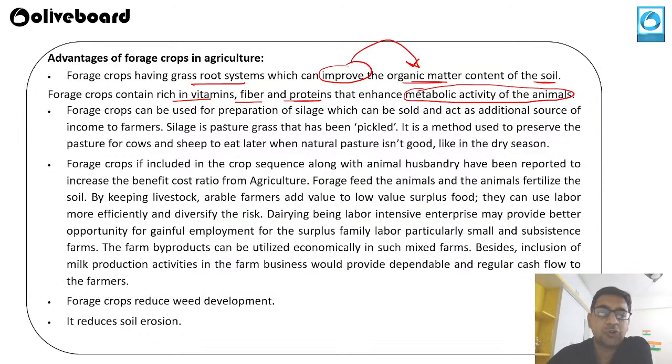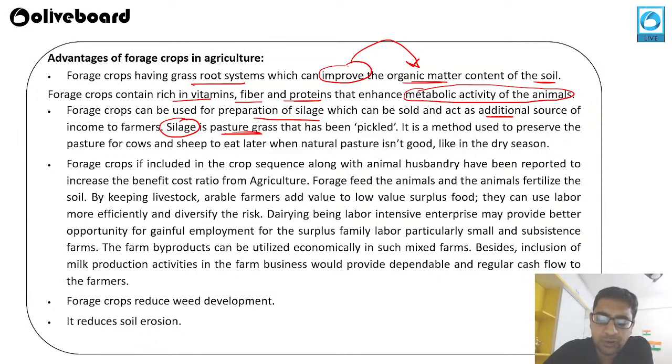Forage crops can be used for the preparation of silage, which can be sold and act as an additional source of income to the farmers. Normally silage is just like a pasture grass. They cut the crop and sell it in the market. Normally people send their animals to the pasture land to eat.